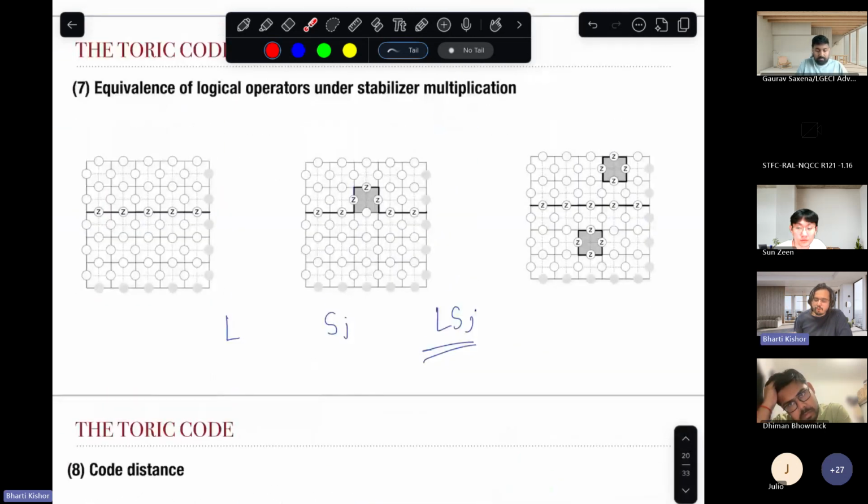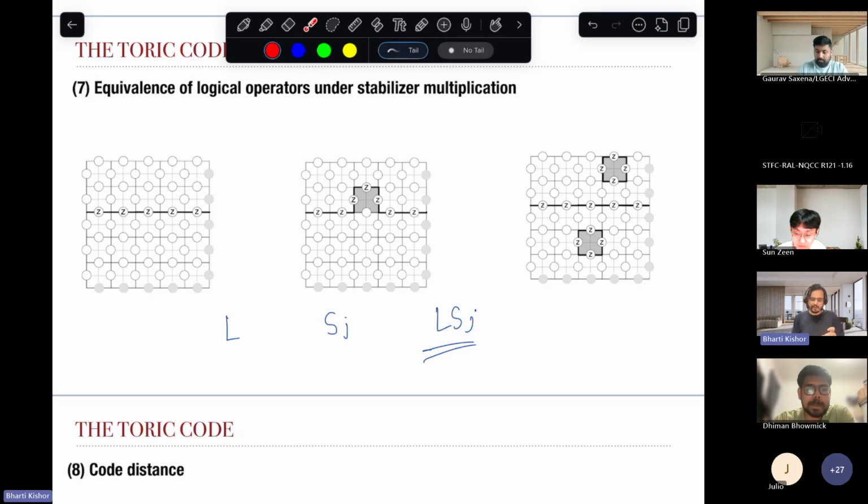But then for code distance, we need to find the smallest minimal weight logical operator. When you start making all these zigzag patterns, the weight of the operator increases. But what is the weight of the minimal weight logical operator? That is nothing but the length of this handle of your torus. So the shortest non-trivial loop, the length of that gives you the distance.